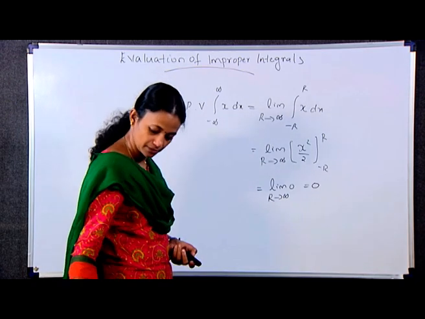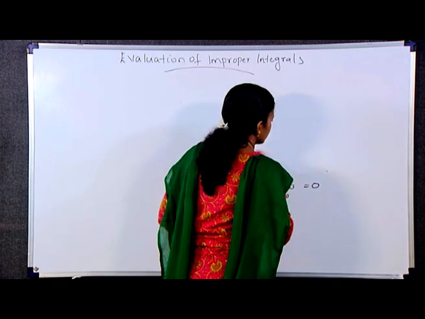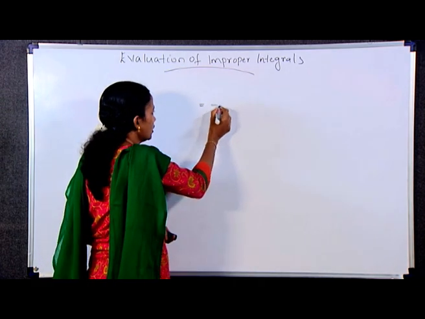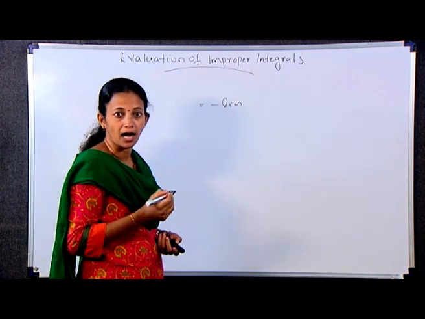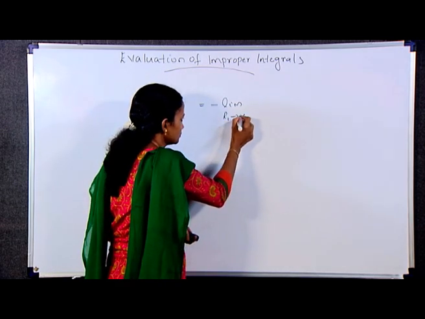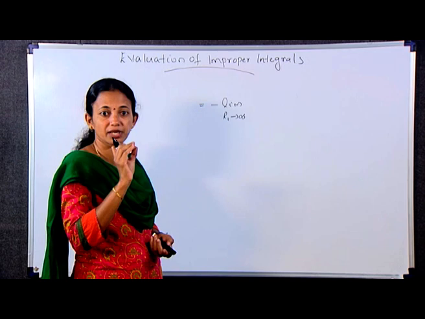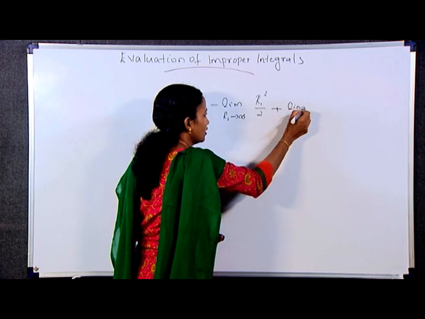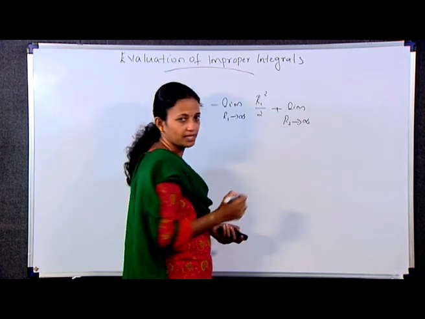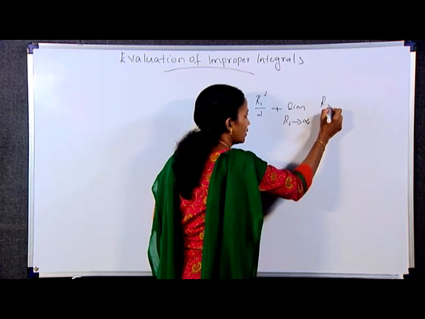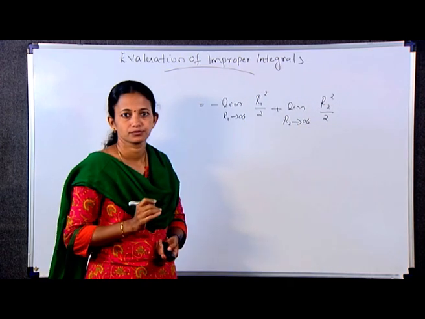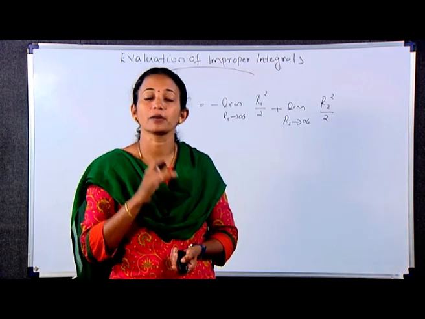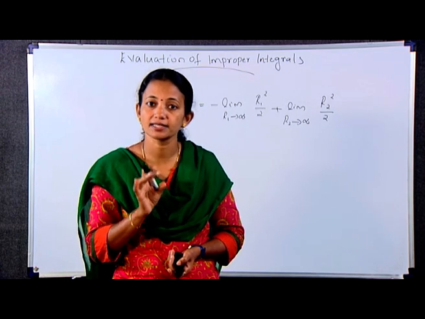So that becomes minus the limit as r1 tends to infinity of r1 squared by 2 plus the limit as r2 tends to infinity of r2 squared by 2. And since these last two limits do not exist, integral from minus infinity to infinity of x dx fails to exist.